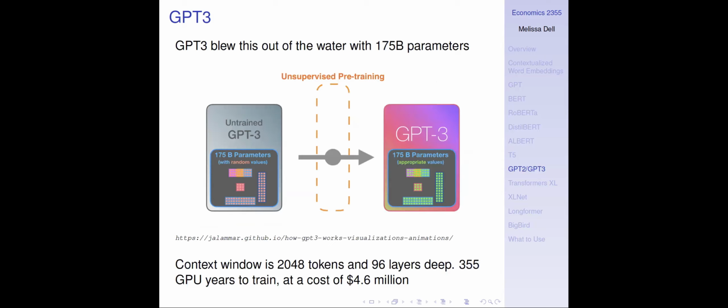Well, GPT-3 just blows that out of the water because it's 96 layers deep. Its context window is 2048 versus the 512 for BERT, and it has 175 billion parameters. If you can even wrap your mind around that number.